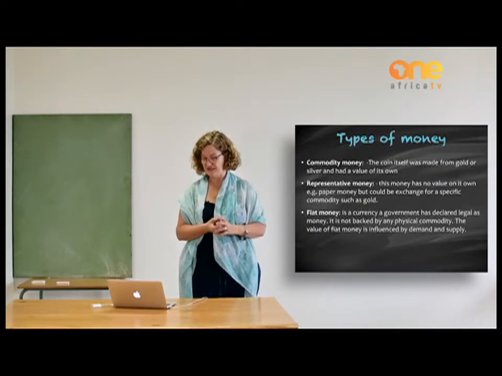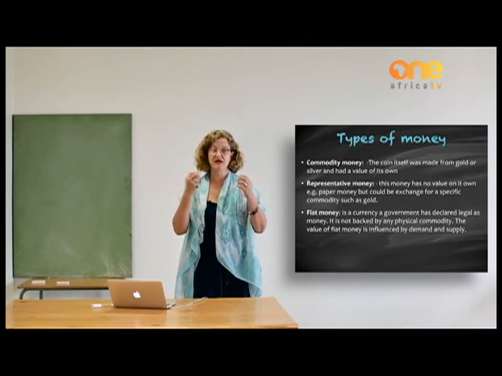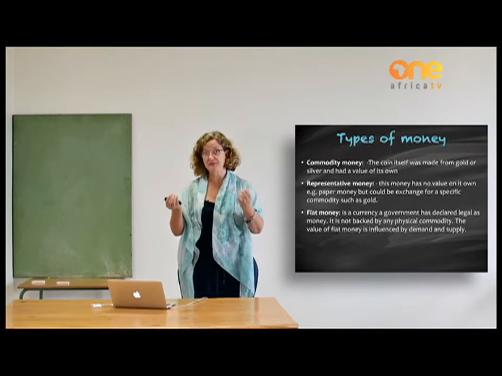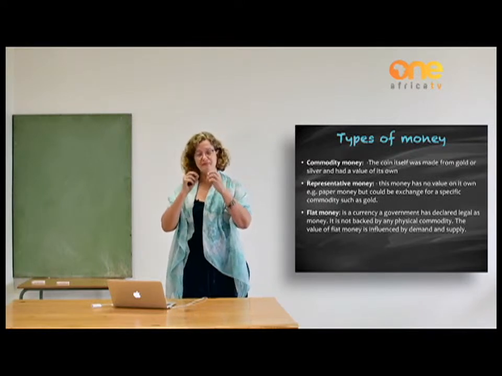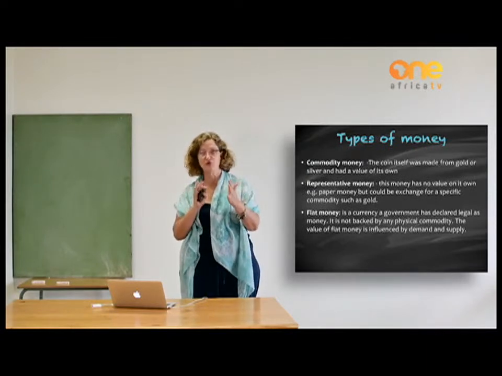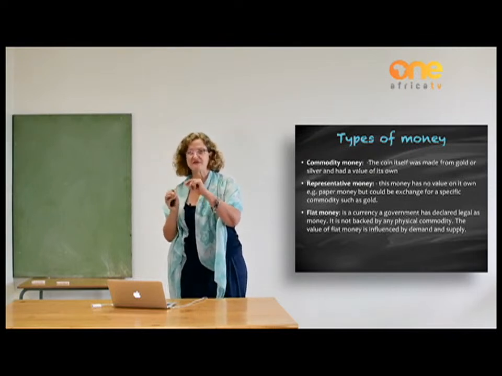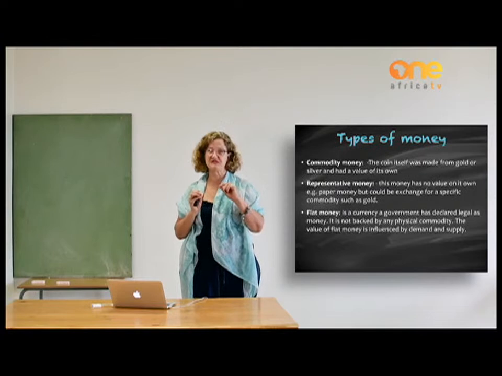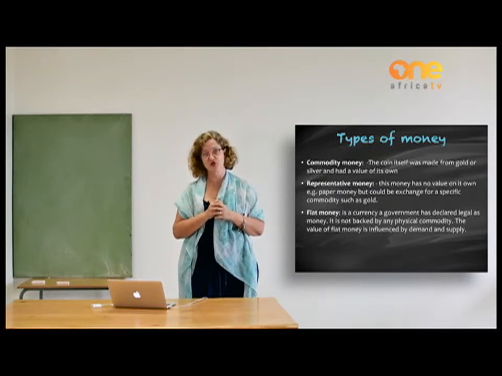Now, this money is also made of coins, metal, and paper for the notes. But the metal these coins are made of has no correlation to the value of that coin. It doesn't mean the metal is worth 50 cents that the 50-cent coin is made of.